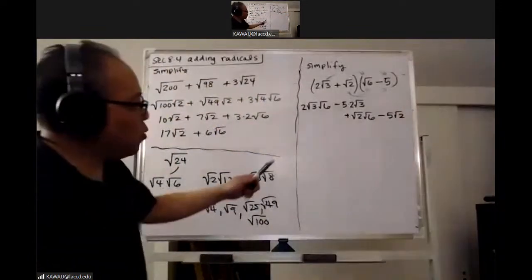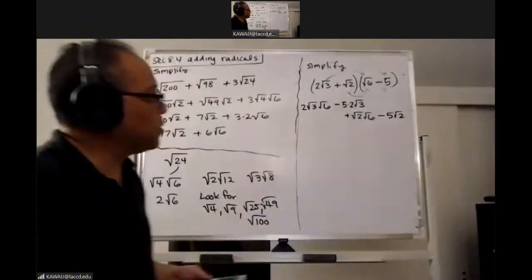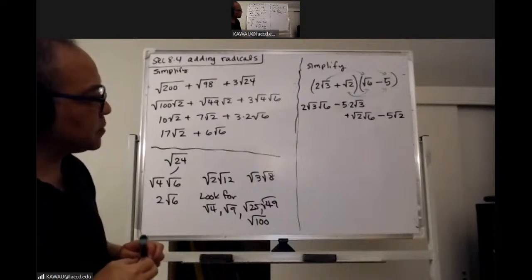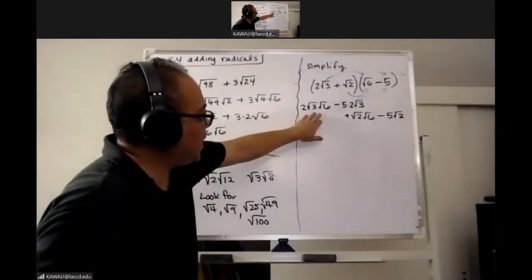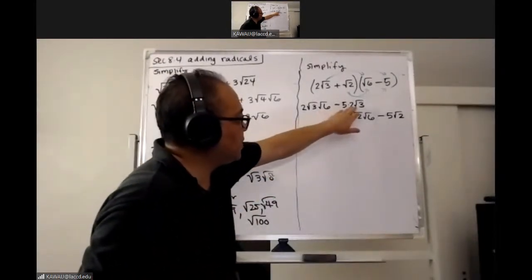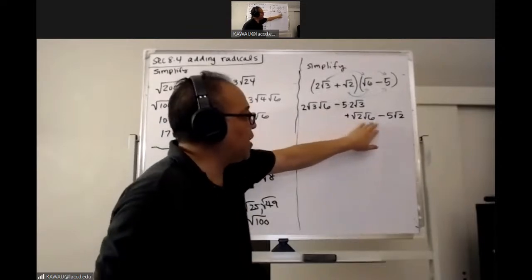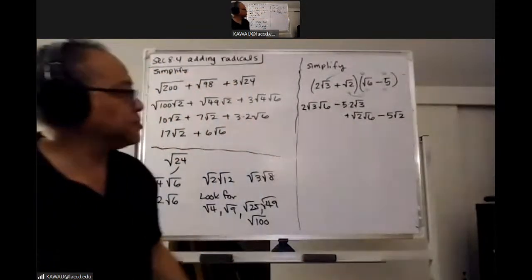Now I want you to simplify each term. So multiply these together, then simplify. Multiply those together and simplify. That one you can't simplify.